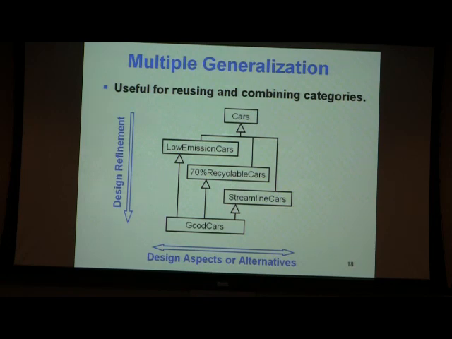In this particular case, I see a lot of folks use interfaces. They make these into interfaces, then you can have cars that support one or all of these interfaces.